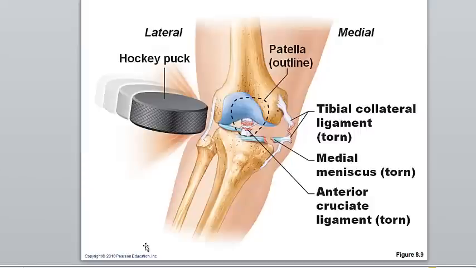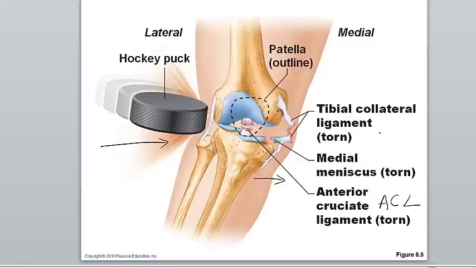Okay, let's look at this picture. This is a picture where you have a lateral blow. Because the blow is lateral, it displaces everything medially. That means it breaks the tibial collateral ligament, the medial meniscus, and the anterior cruciate ligament, the ACL. Remember ACL? A lot of sports injuries involve the ACL, medial meniscus tear, and tibial collateral ligament tear as well.